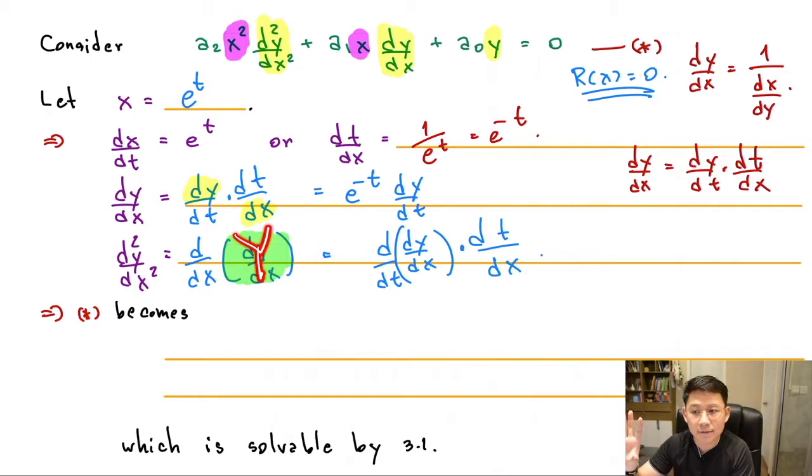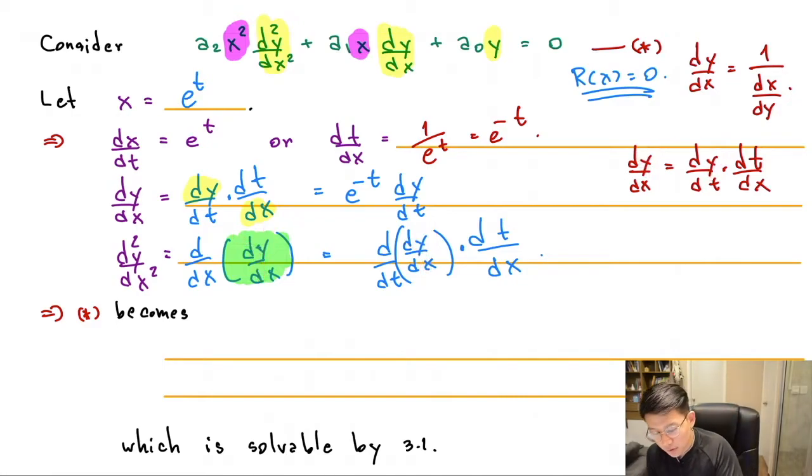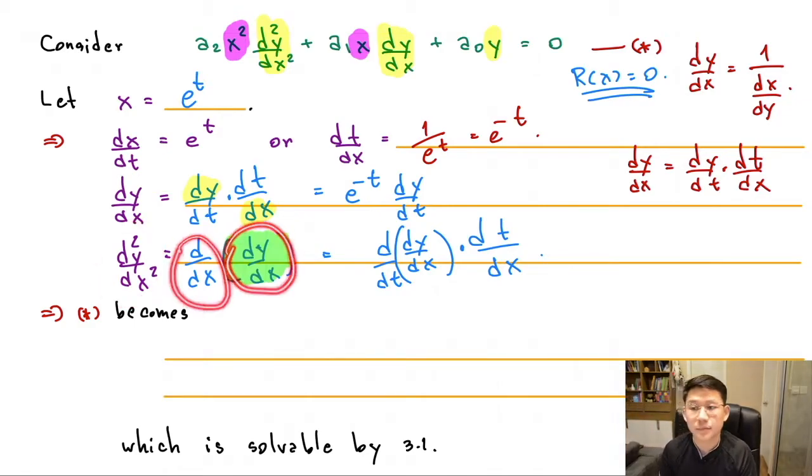So what you have is the big Y by dt, and then dt by dx. See? So this is the big Y. Make sense? Again, guys, we want to find the second derivative, which is the derivative of the derivative, right?